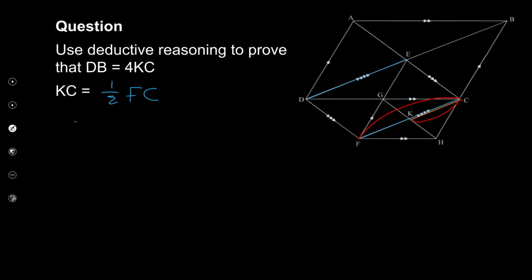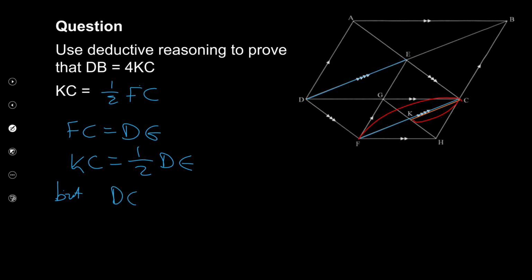But also I know that FC is equals to DE. So therefore it means KC is equals to half of DE. But I know also that DE is equals to half of BD because it is a diagonal.